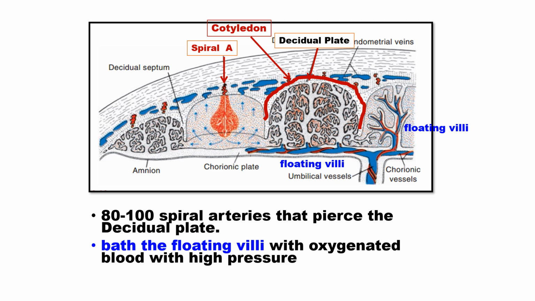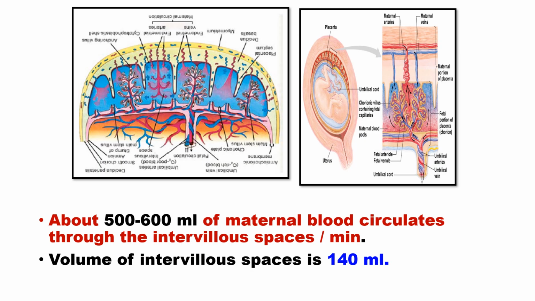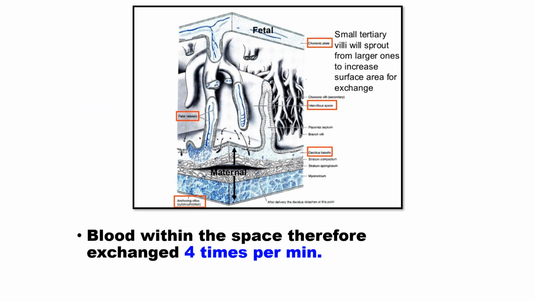About 500 to 600 ml of maternal blood circulates through the intervillous spaces per minute, and the volume of the intervillous spaces is 140 ml. Therefore, the blood within the intervillous spaces is exchanged about 4 times per minute.